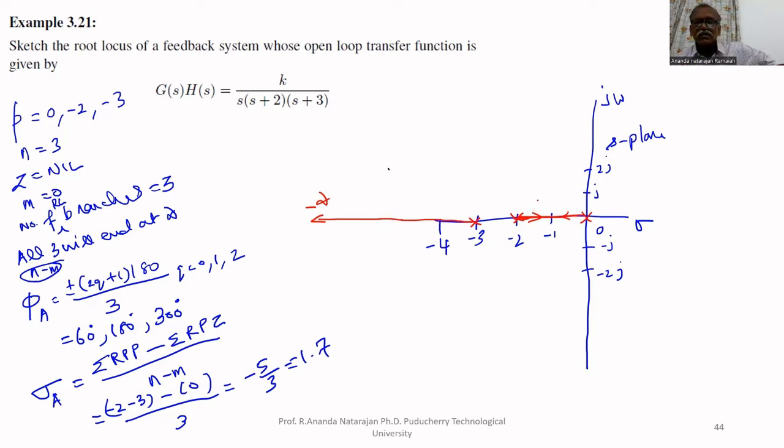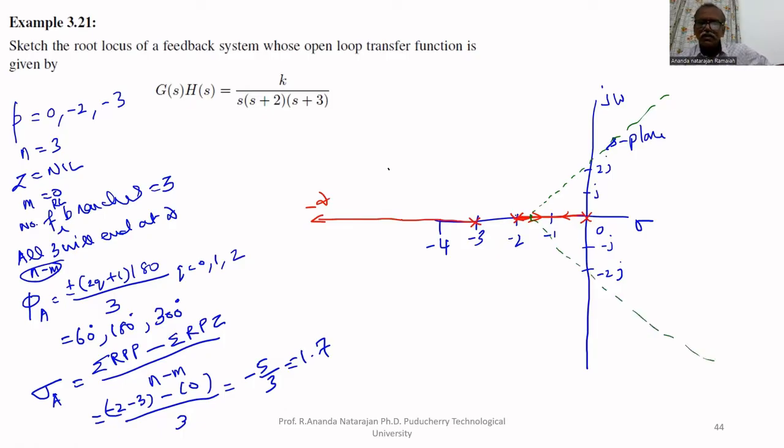So let us draw the asymptotes. 1.7, so that is minus 1.7 here. At an angle 60 degree, it goes to infinity. And this also goes to infinity at -60 degree.